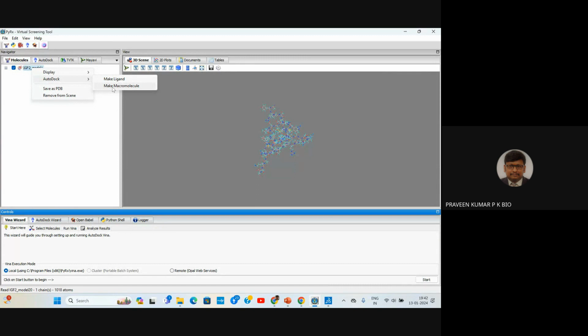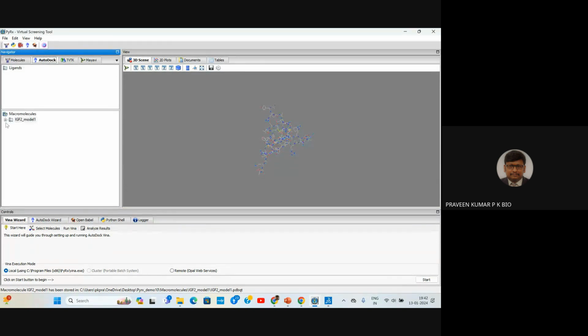So if you click AutoDock and make macromolecule, obviously this macromolecule is converted as .pdbqt. How is it converted as pdbqt? To know whether it's created or not, click here AutoDock. Instead of molecules, I'm going to the AutoDock here, and here you have a plus, isn't it? Expand it.